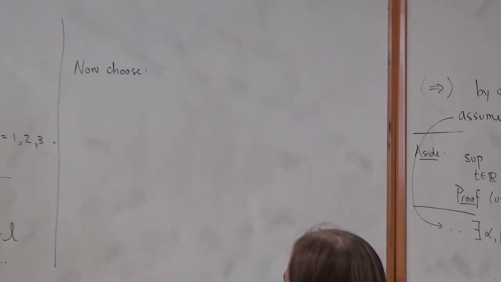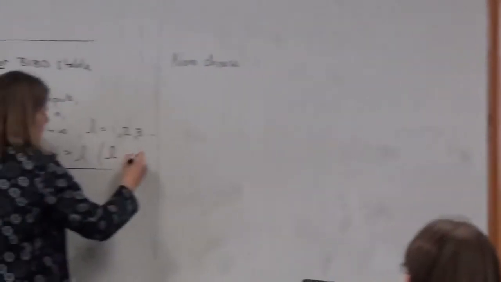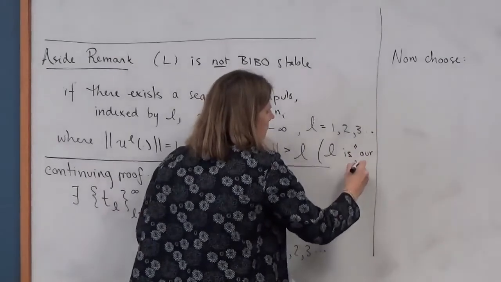Wait, so this sequence is a sequence of functions? Yes, it's a sequence of input functions that's producing a sequence of output functions. And here, L is, I'm going to put it in quotes, our k.